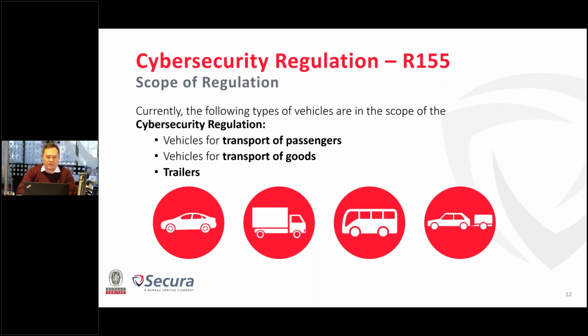We are talking about, in the beginning, three categories of vehicles, categories M, N, and O, which are linked with vehicles used for transport of passengers, like commercial cars or buses, vehicles used for transport of goods, like trucks, for example, but also connected trailers, as long as the trailer is equipped with at least one electronic control unit, ECU. But nowadays, of course, most modern connected trailers are equipped with at least one ECU. So most of them are expected to come in the scope of this cybersecurity regulation.